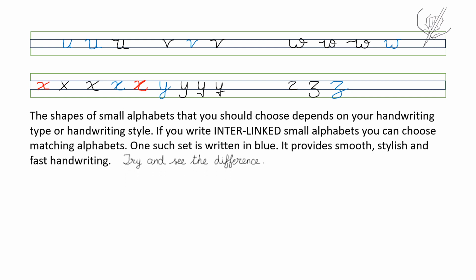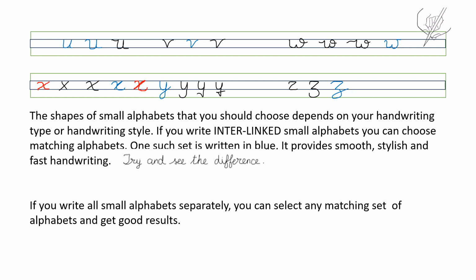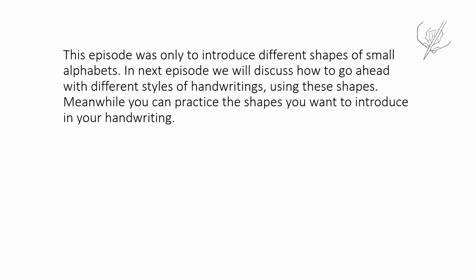Like, try and see the difference. I have written this. They are interconnected. If you write all small alphabets separately, you can select any matching set of the alphabets and get good results. For this, try and see. Look, every alphabet is written separately.